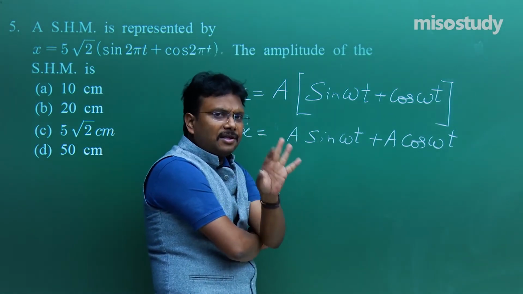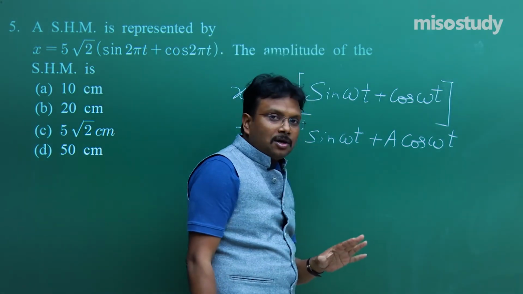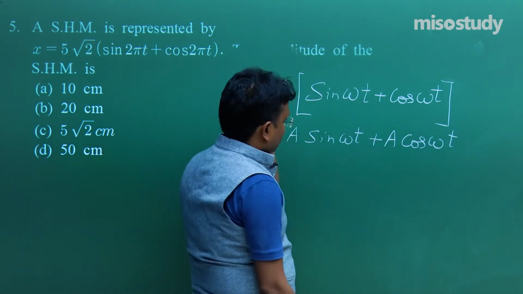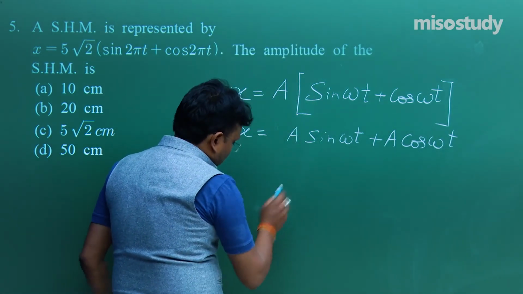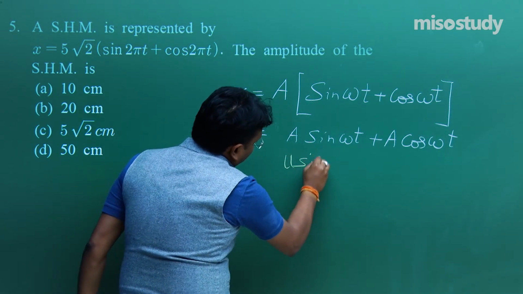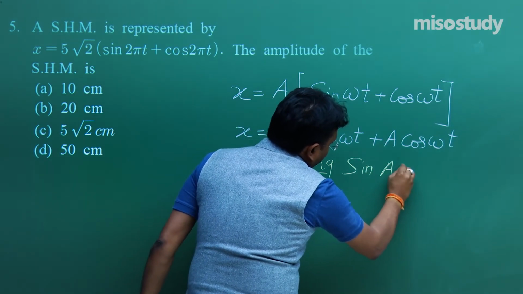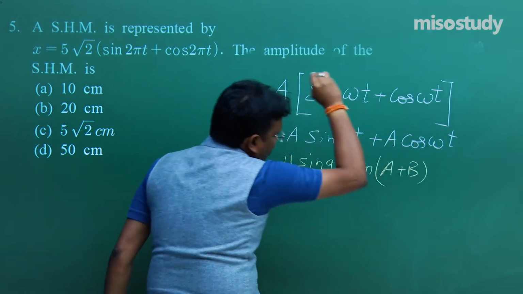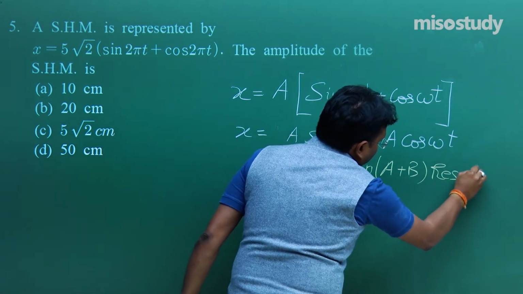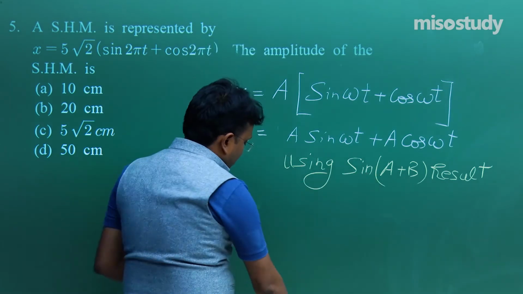Fine, that is the basic result, and my intention of putting this question is just so that you can take a look at these types of equations. Fine, here I will write down with the yellow color chalk, using the sin a plus b result.